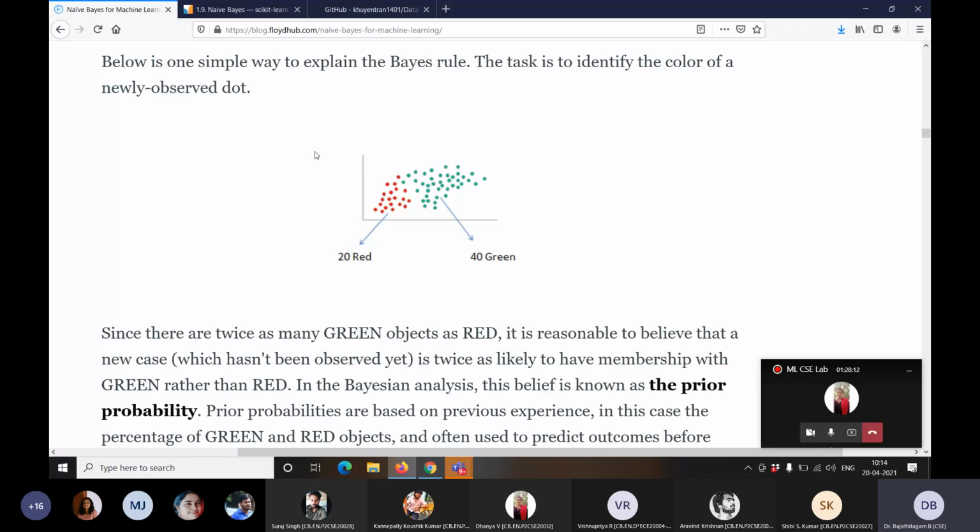Out of the 100 people, around 90 bought milk and bread. The third item, some people bought and some did not. But 90 people bought milk and bread. So let us say the 101st person is entering the shop.